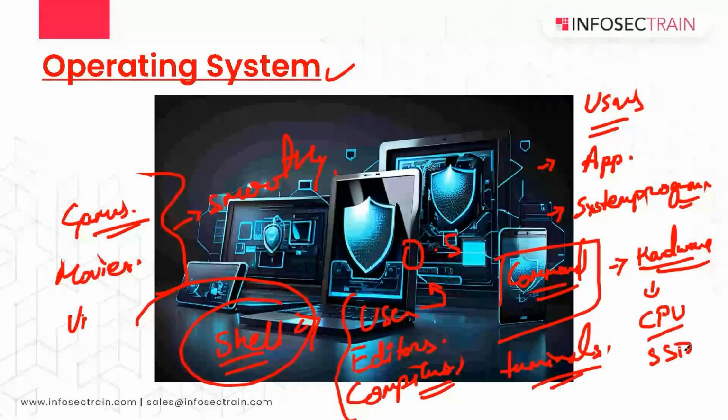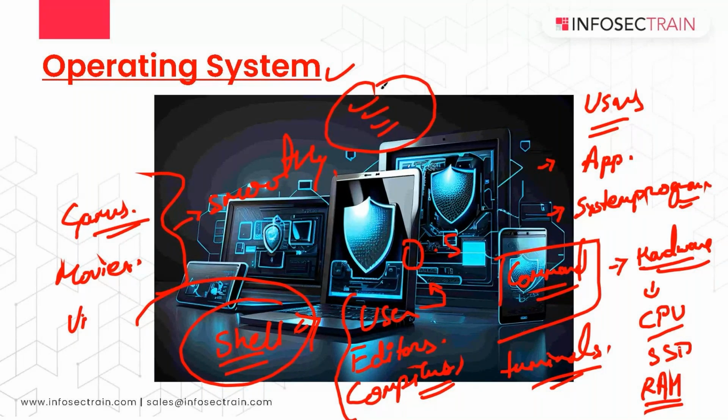Then we also have our RAM, your random access memory. RAM is a short-term memory, which just holds the information about the processes we are running on our computer. Whatever we are doing, it keeps the information about it.